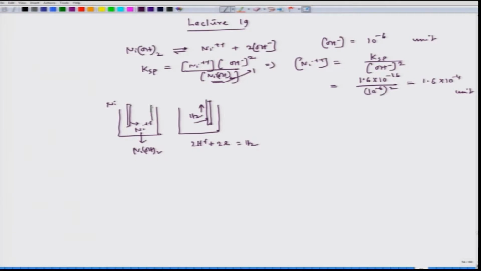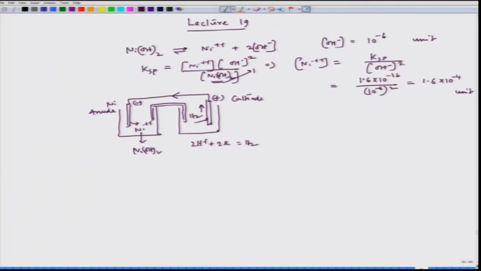Now, if we have a connection like this with a salt bridge, then if we connect them, the current should flow from this way to this way. So, this is the positive end, this is my negative end. So, this would be my cathode and this would be my anode. So, this cell is also replicating the situation here.